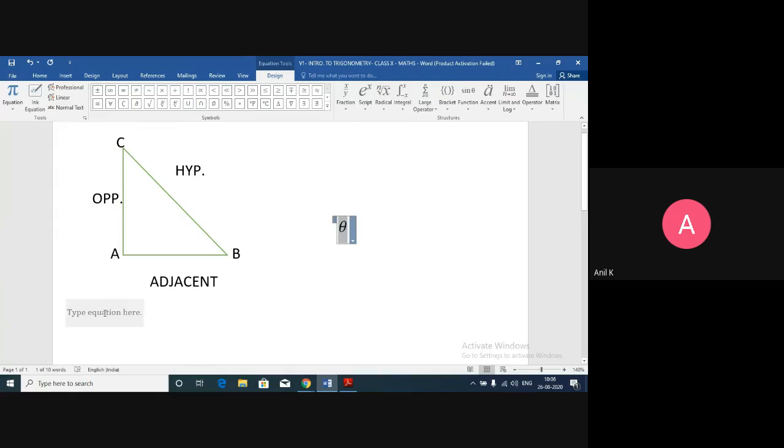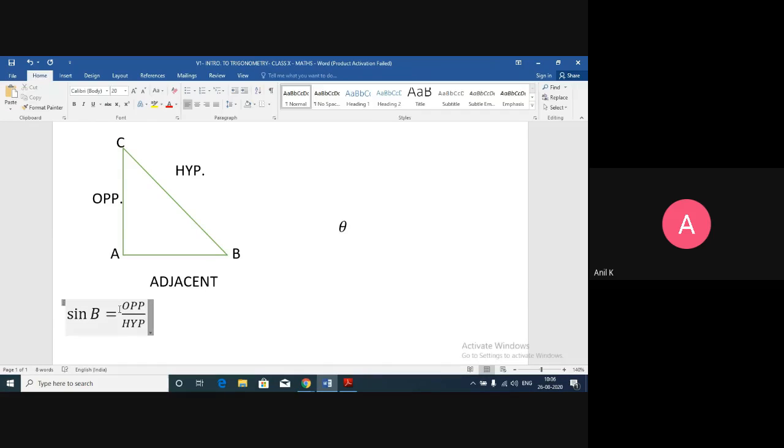You can say angle theta or you can say angle B. For example, if I want to define sine B, instead of theta I have taken B. The definition of sine, actually the spelling is S-I-N-E, so we don't use the E in the general form, we write it as sine only. The definition of sine is opposite side upon hypotenuse.